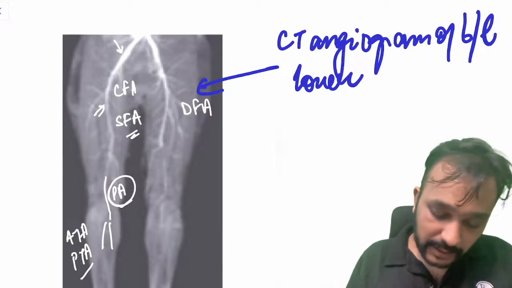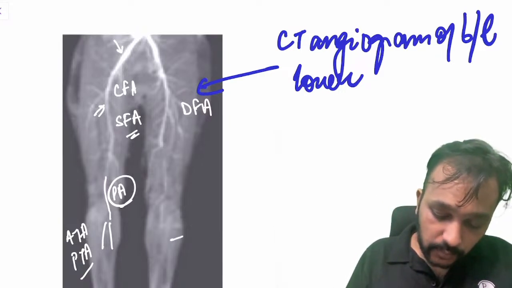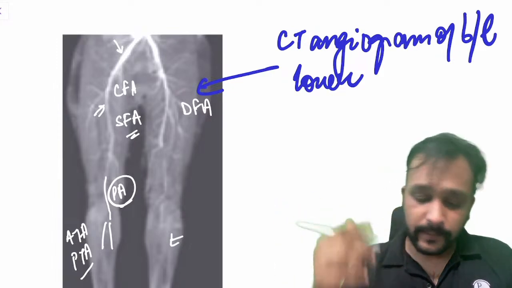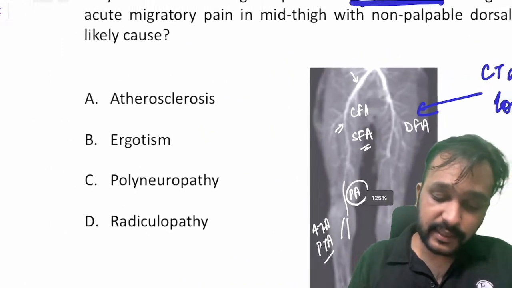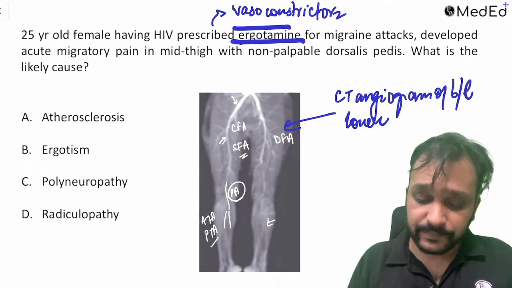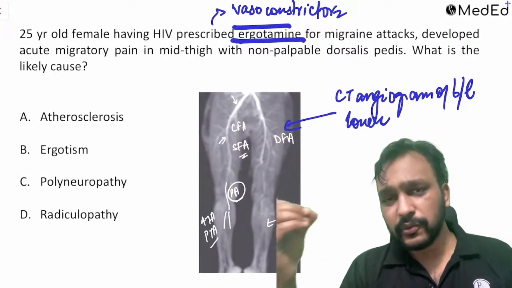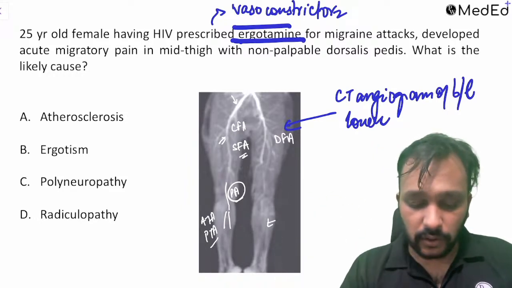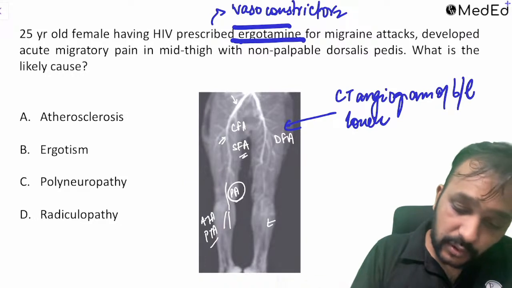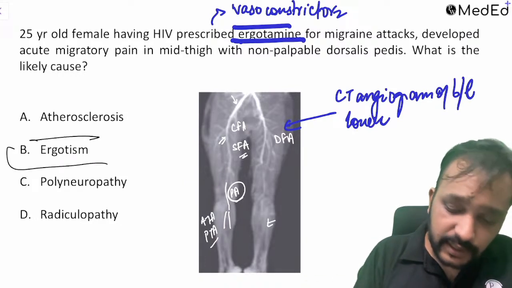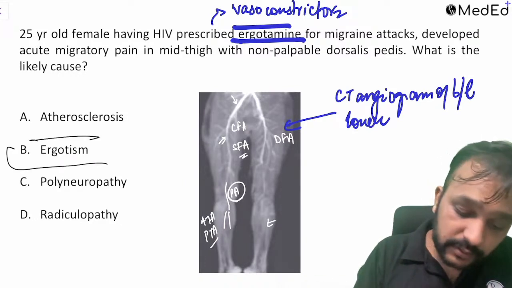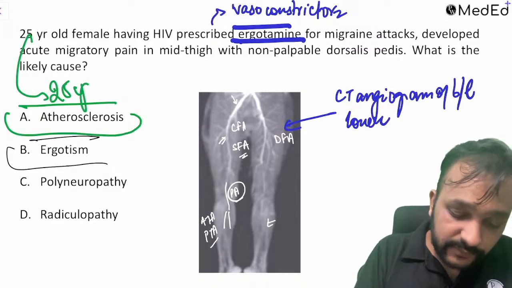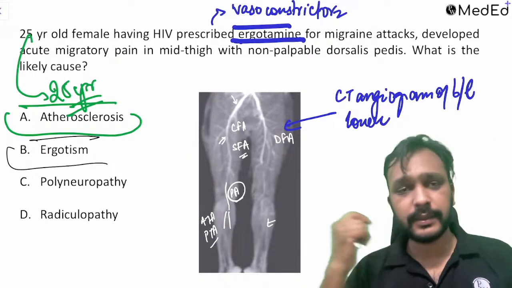So here in this patient, what we can see is that both these arteries of the leg, that is your ATA and PTA, are not visualized. It means that there is a vasospasm, there is a vasoconstriction of the ATA and PTA, and the most likely cause will be your ergotism. Okay, atherosclerosis will not be seen in a patient with 25-year-old age, right?